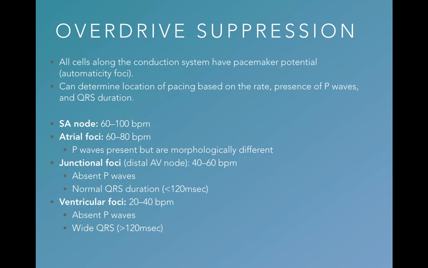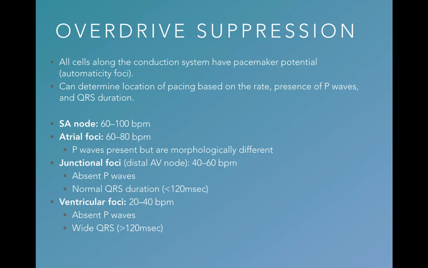So whenever you see a prolonged QRS, a really wide QRS complex, think about either the conduction is being slowed somewhere more than it should be, or it's originating from the ventricle, somewhere in the ventricle.